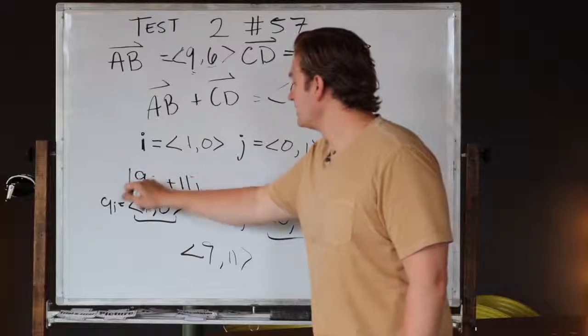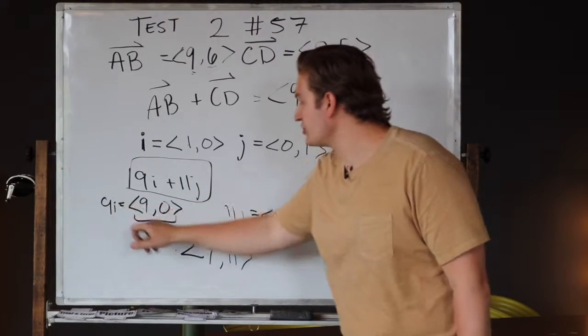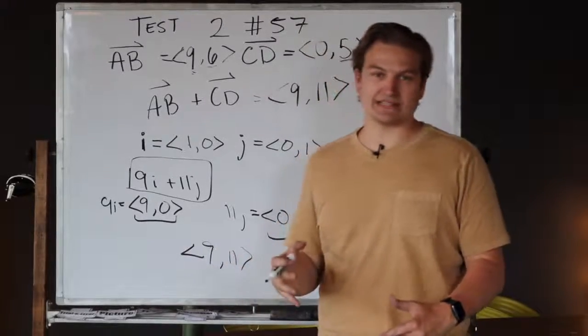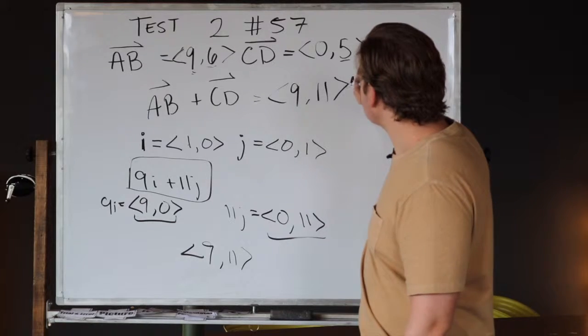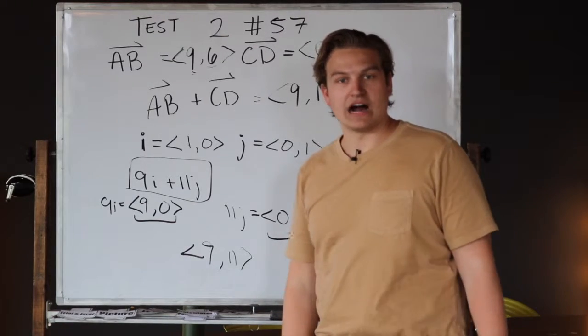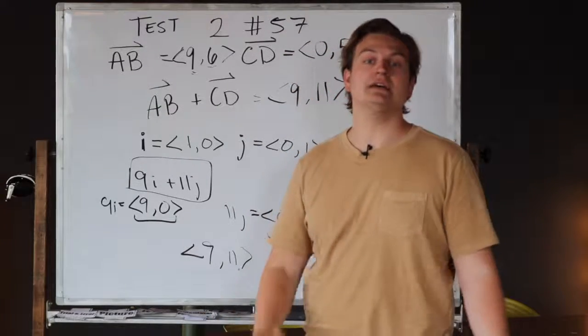The answer is this guy right here, 9i plus 11j. I just wanted to show you this stuff at the bottom to show you why that is the case. But 9i plus 11j is the same thing as this vector, <9, 11>. So 9i plus 11j is answer choice E. There you go.